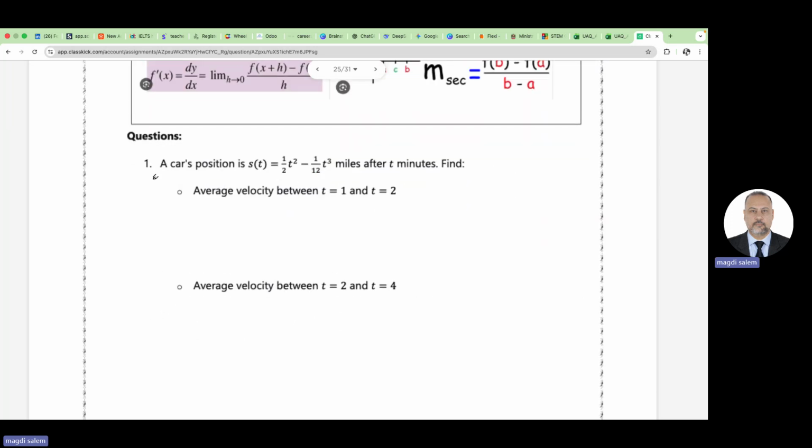The first question says that a car's position is s of t equal half t squared minus 1 over 12 t power 3 miles after t minutes. Find the average velocity.